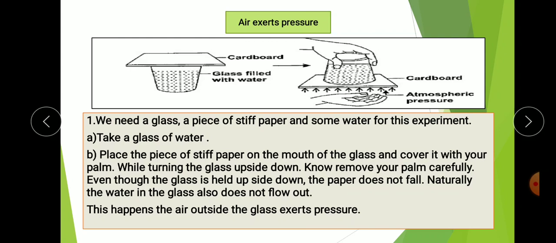Now remove your palm carefully. Even though the glass is held upside down, the paper does not fall. Naturally, the water in the glass also does not flow out. This happens because the air outside the glass exerts pressure.